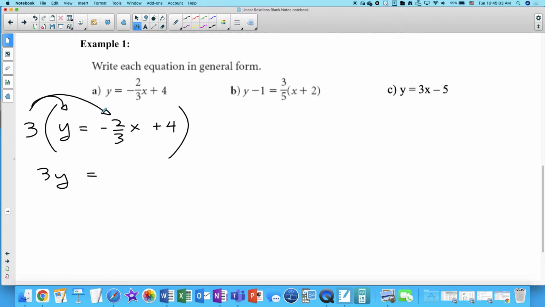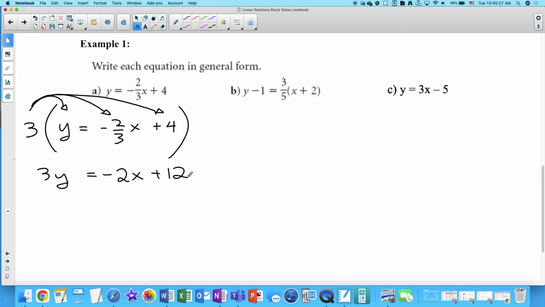And that was the purpose of me doing this, right? So when the 3's cancel, all I'm left with is the -2x. Okay? And then 3 times 4, finally, is plus 12. Okay, so I have dealt with the fact that I have a fraction.